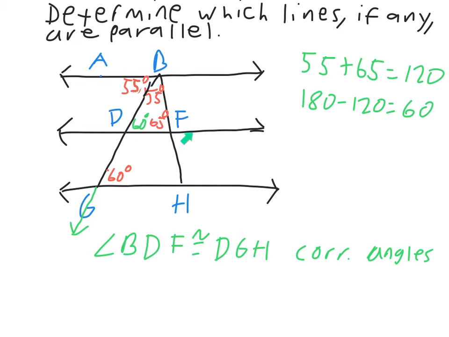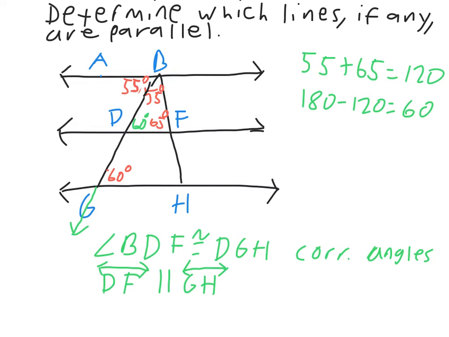So this line right here, line DF, is parallel to this line right here. Remember, two vertical lines to say that they're parallel, line DF is parallel to line GH. So we know that those two are parallel.